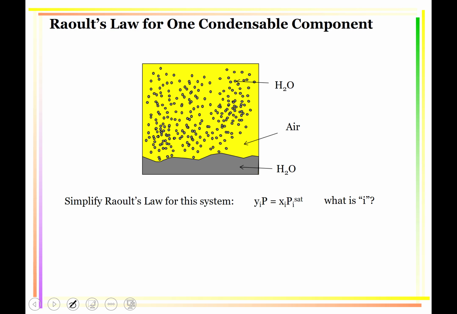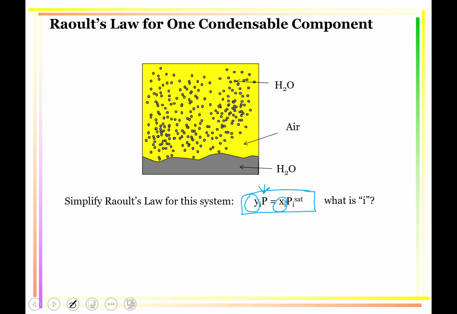Okay, so now let's move on to Raoult's law for one condensable component. This is our first equilibrium relationship. Okay, this is Raoult's law: yi times the system pressure is equal to the mole fraction in the liquid times the vapor pressure. Yi is in the vapor, xi is in the liquid.